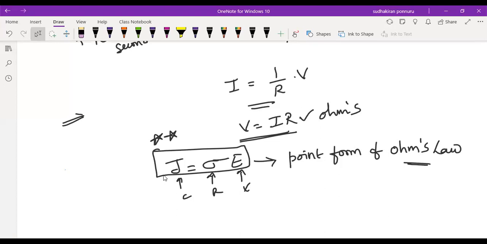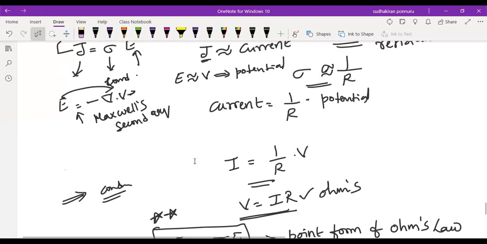At that time, you have to go for the derivation of conduction current density. So don't think that we have not gone through the derivation of point form of Ohm's law. J is equal to sigma into E itself is called the point form of Ohm's law.